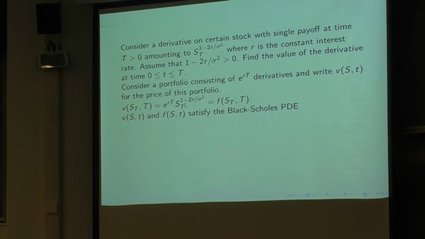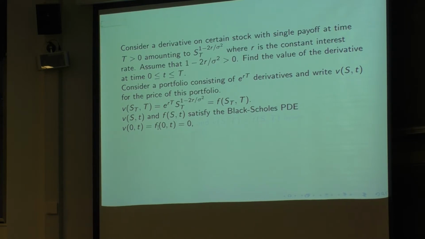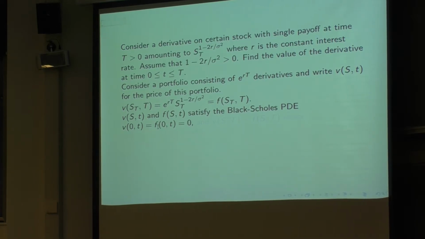So V of 0, t is 0, and your function f, which was e to the something times some power of S, if you plug in S equal to 0, that's going to give you 0 as well. So we have that V of 0, t is the same thing as f of 0, t. So we have two functions, f and V, whose values here are the same. That's what we've just done. Whose values here are the same, which corresponds to little t being big T. And they both satisfy the Black-Scholes partial differential equation.